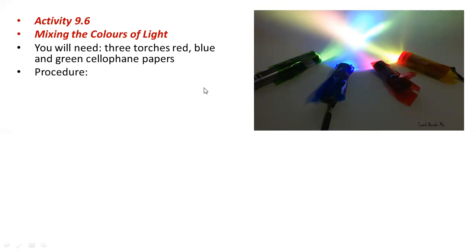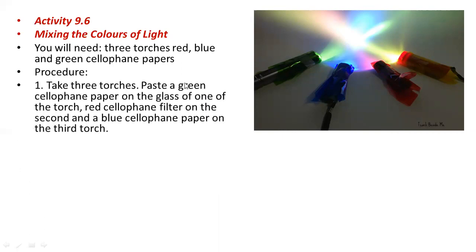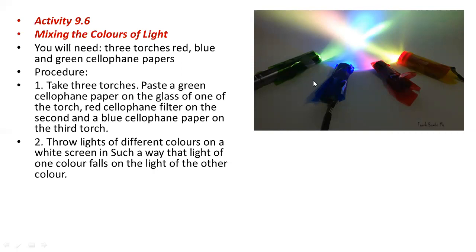The procedure is to take three torches, paste a green cellophane paper to one torch, a blue cellophane paper to another torch, and a red cellophane paper to the third torch. Then use a white screen and throw the lights of all these torches on it in such a way that the light of one color falls on the light of the other color. Observe the mixing of colors and fill the table.